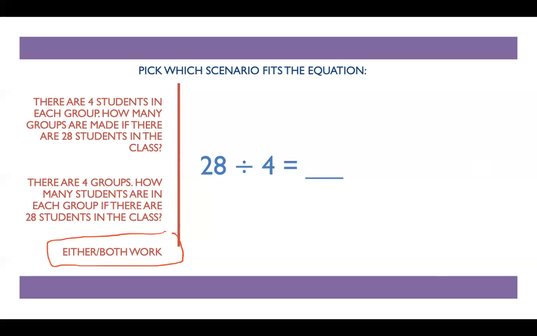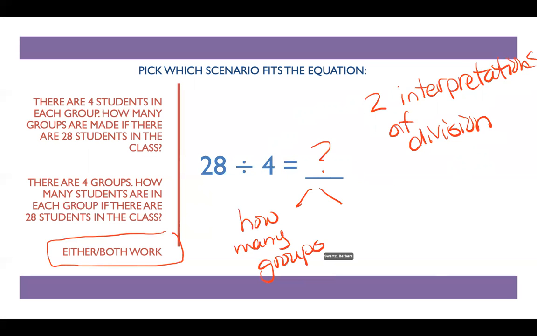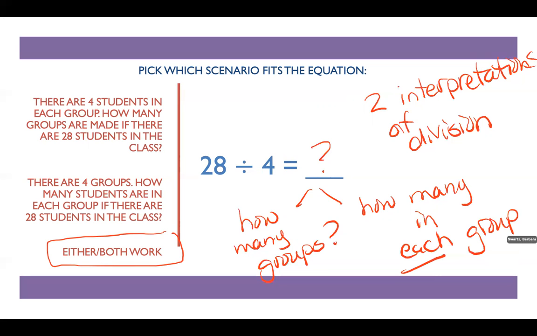That's how it gives us these two meanings or interpretations of division. This is telling us our two interpretations of division. We don't know how many groups or how many in each group.